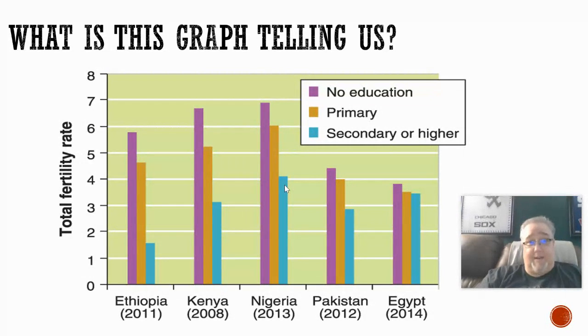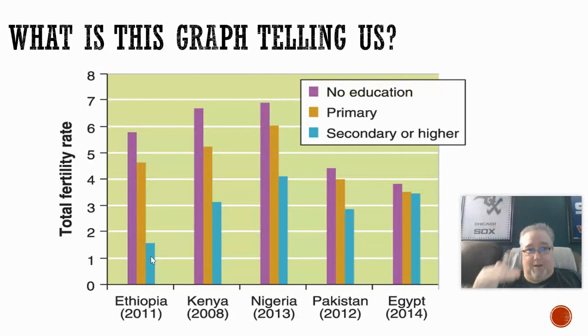And what's interesting about that is that you see this trend pretty much in every one of these countries. And these are all, again, African countries, all these developing countries. As you go from, let's say Ethiopia here, if you have no education to some primary education to some secondary education, that level of fertility drops tremendously.